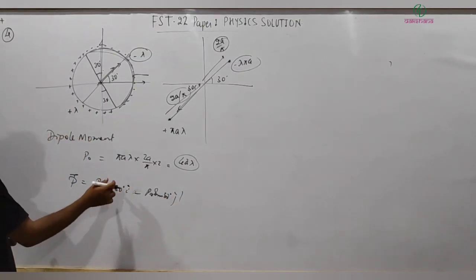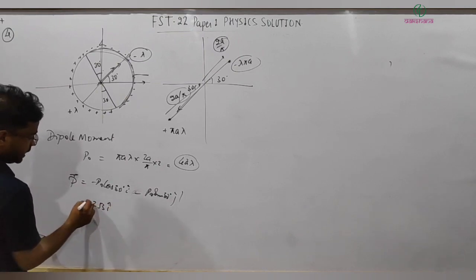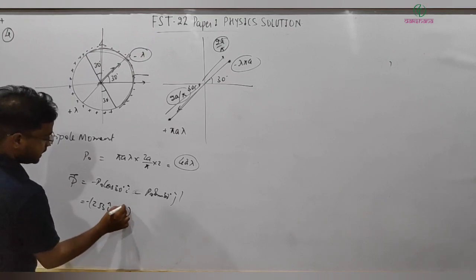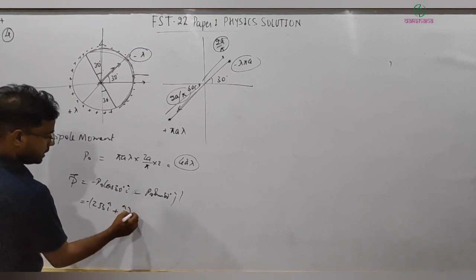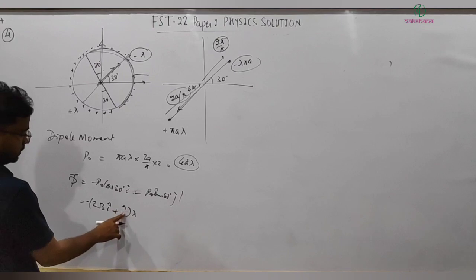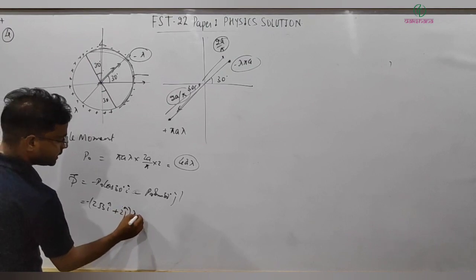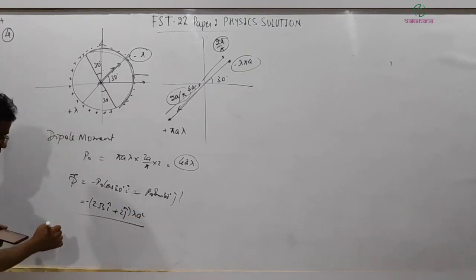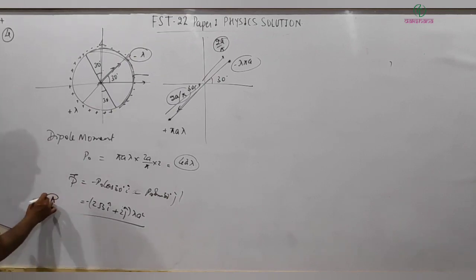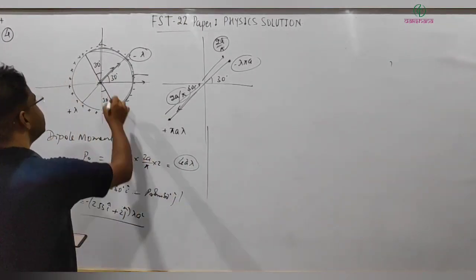Just substituting and simplifying, we get 2λ times (√3 i cap minus j cap), and 2 will also be there. The factor πλa² can be taken out common, and it will be directed in the minus direction, so it matches option A.